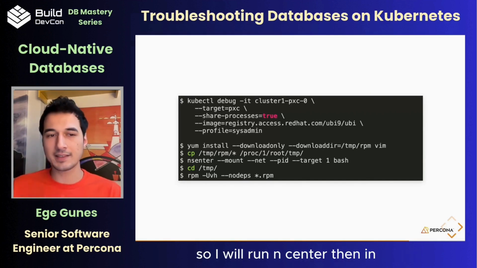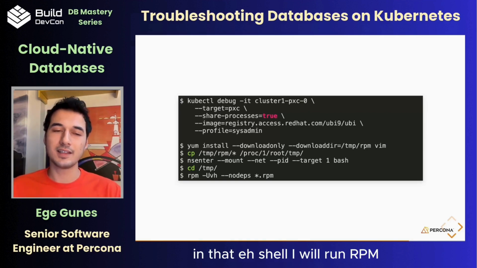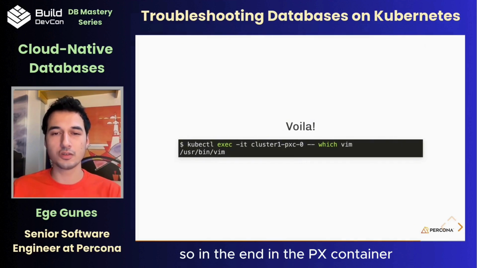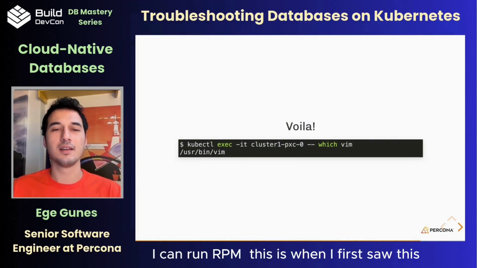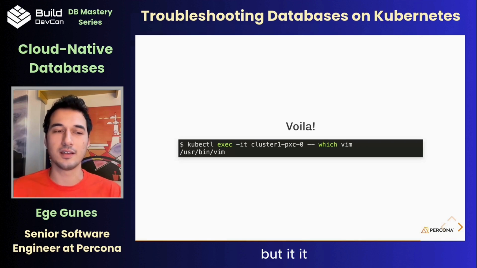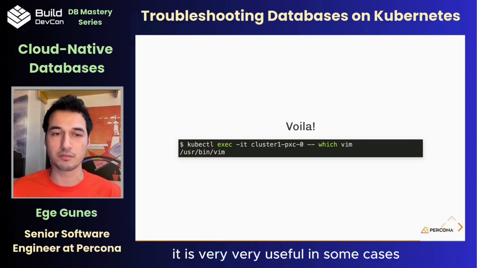Then I will run nsenter, and in that shell, I will run rpm. So in the end, in the PXC container, I can run Vim. When I first saw this, I thought it's crazy, but it is very, very useful in some cases.